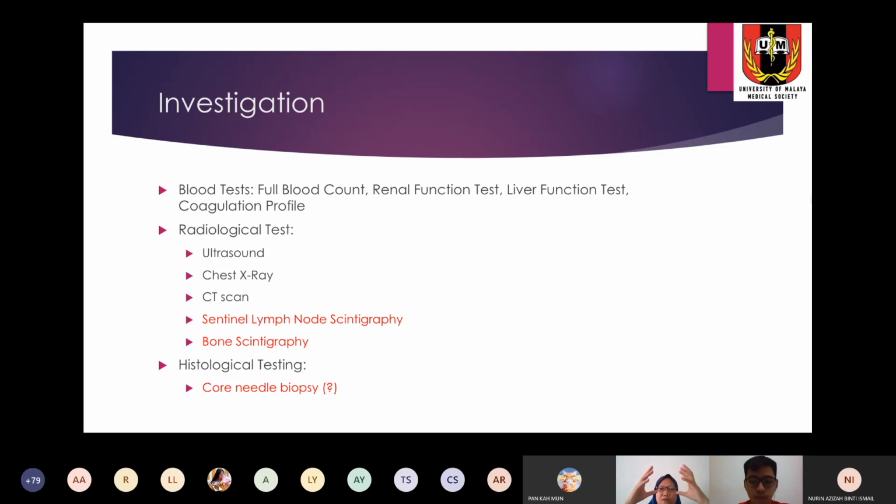Sometimes the ultrasound features show that it's very small, but in the mammogram you can see the hypodense lesion is very huge, which is not suitable for breast conserving surgery, for example. So that is why mammogram is a must for every single patient that you are going to investigate for breast cancer.